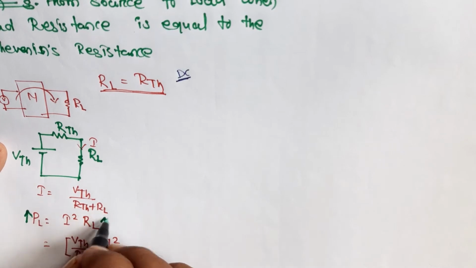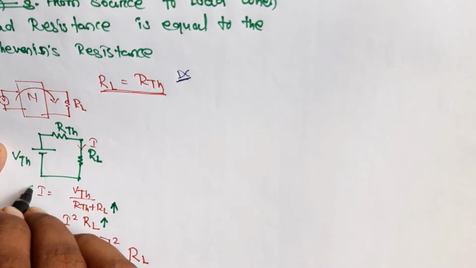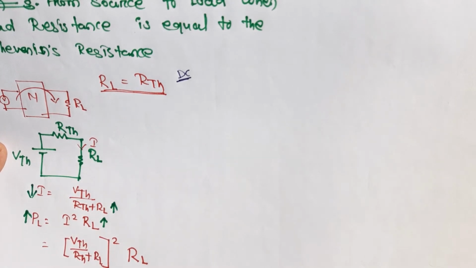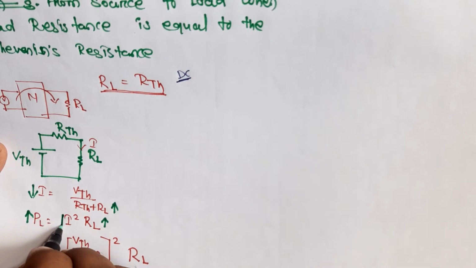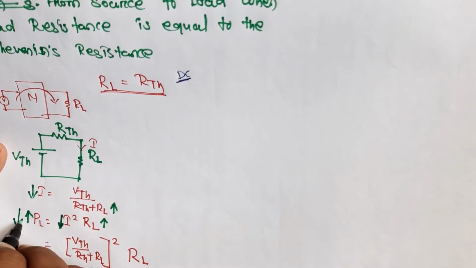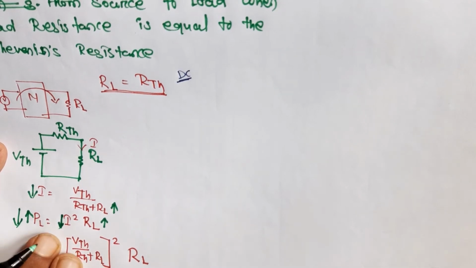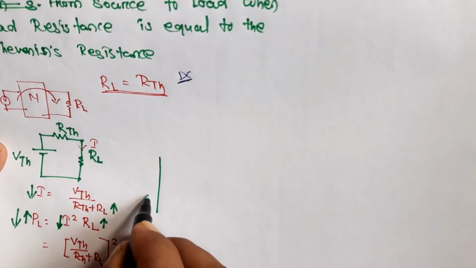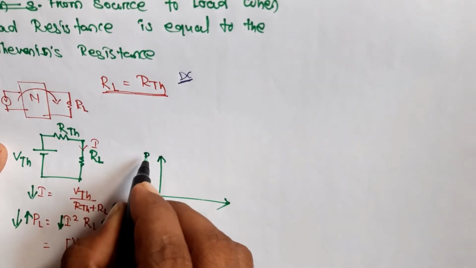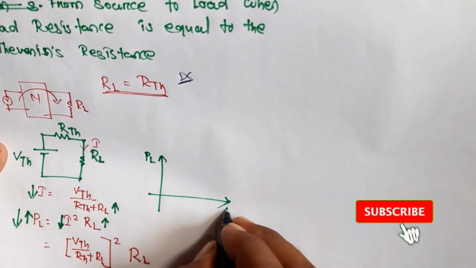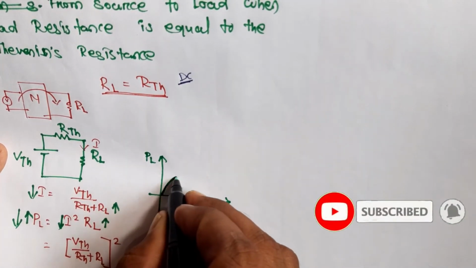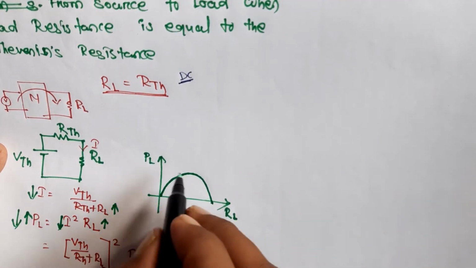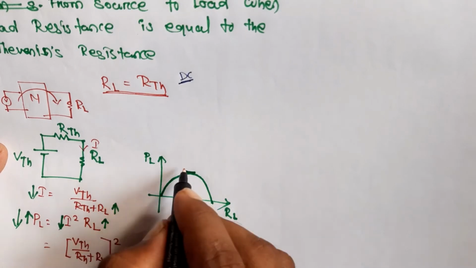If you increase RL, the current I will decrease, and so the power will decrease. So if you draw the characteristic plot of PL with RL, initially it will increase, but at some point it reaches a maximum, and then it decays again. We get a curve like this.